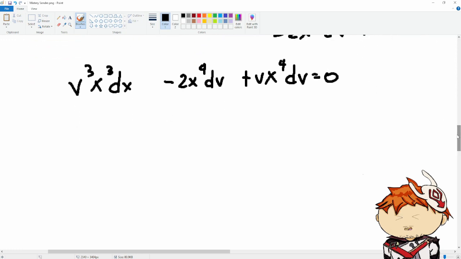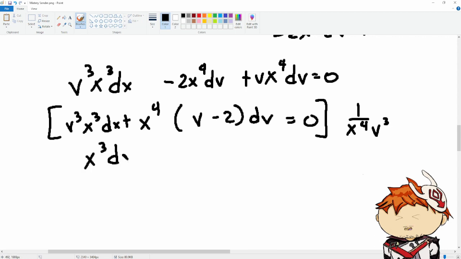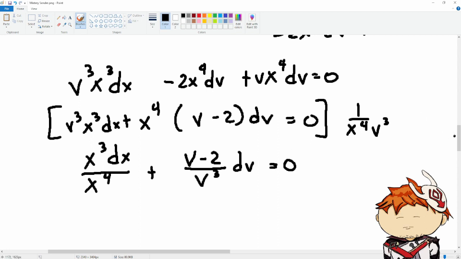Applying some algebra, common multiple, v cubed x cubed dx, because these have x to the fourth, right? x to the fourth positive, times (v minus 2) dv, is equal to 0. Divide both sides by x to the fourth and v cubed. Basically, they are separable now. (v minus 2) over v cubed dv. They are now separable.